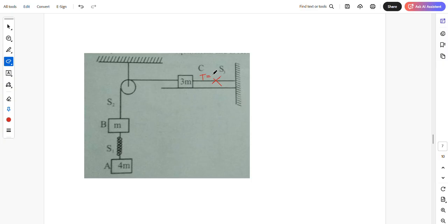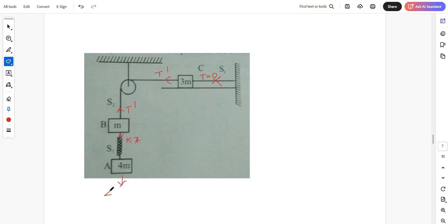Tension here will become 0. Now there is a change in the tension here. I'll call this T dash, and here also T dash. There is no effect on the spring force. Spring force will be as it is.